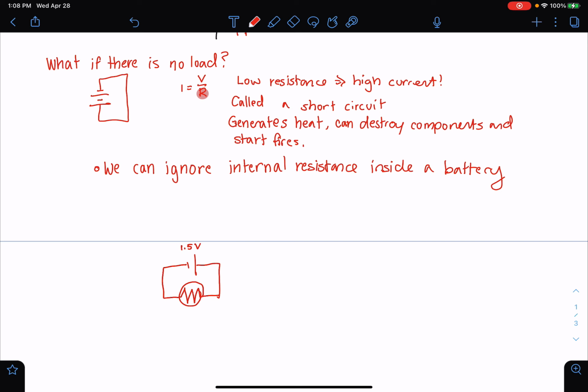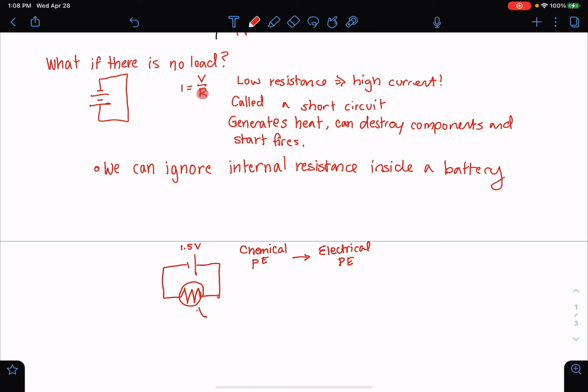All right, so that aside, when you know the voltage of a battery, that's basically taking chemical potential energy and changing it to electrical potential energy. That electrical potential energy is going to transfer to whatever is connected to it in the circuit.